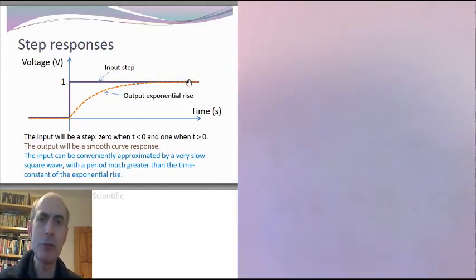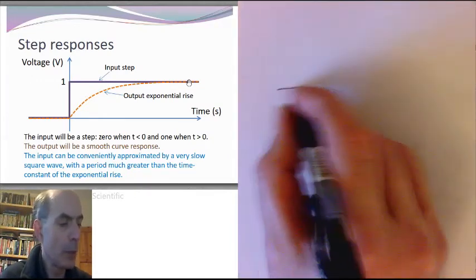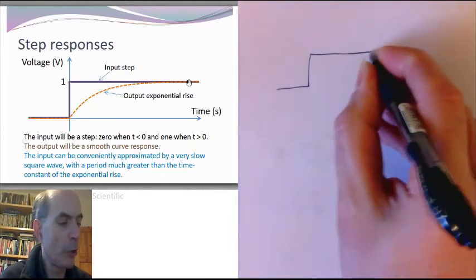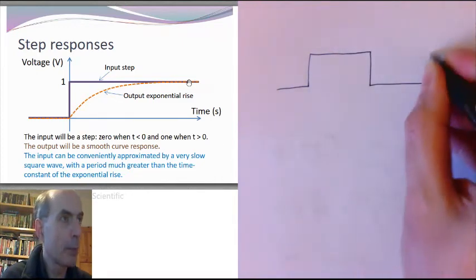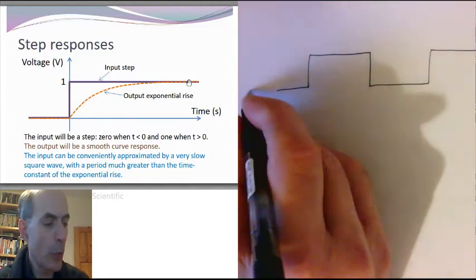Well, clearly it's not possible to produce a true unit step in the lab. It would have taken an infinite amount of time to do that, but what we can do is produce a very slow square wave. And the function generator can produce very slow square waves.